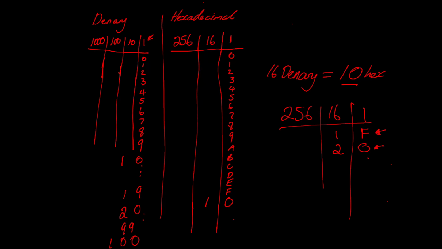Okay, so when I get up to F in this column and F in this column, I put a 1 into the 256 column and then I put 2 zeros. So 256 in denary is equal to 100 in hexadecimal. Okay, so nice easy calculations.